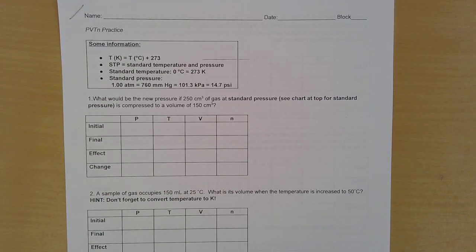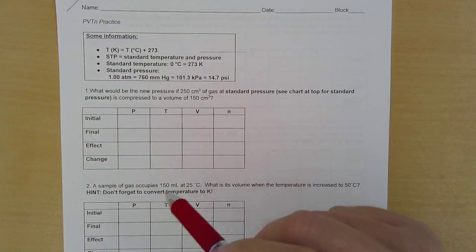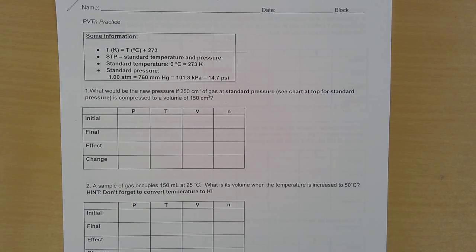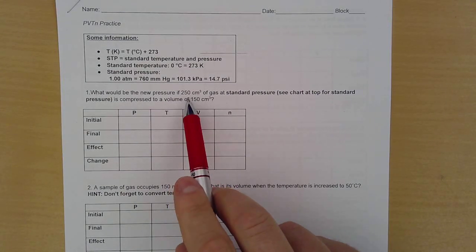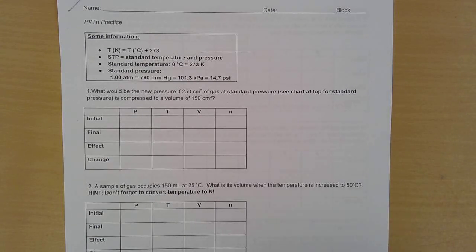So step 1 was to know that we have a PVTn problem. Obviously, I have a PVTn chart here. I'm going to have to use it to solve this problem. But you could tell because it's asking you about volume and pressure, and that's a good giveaway for me. So what are some things that I'm given?